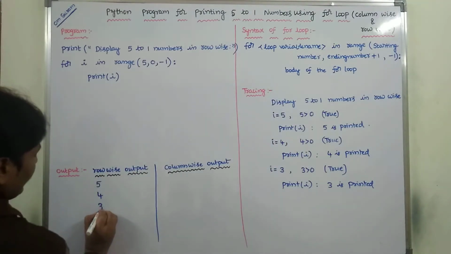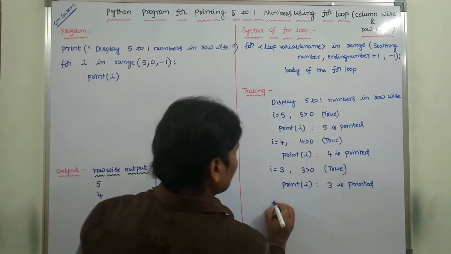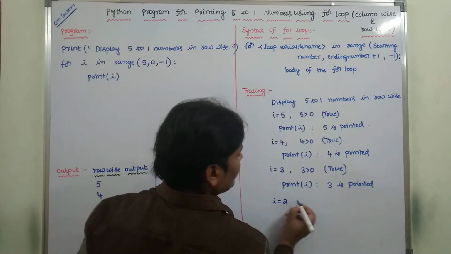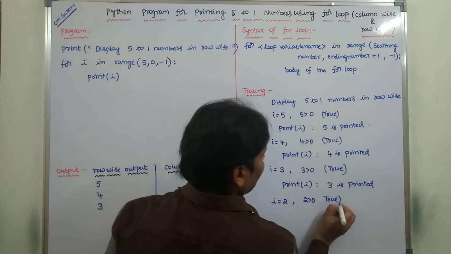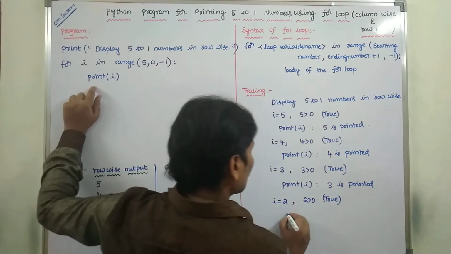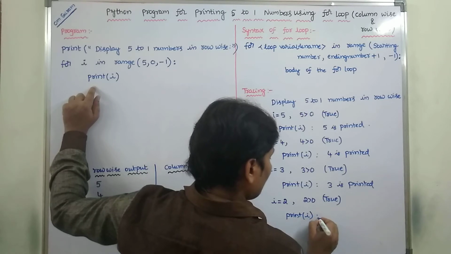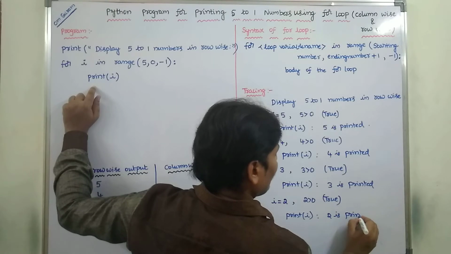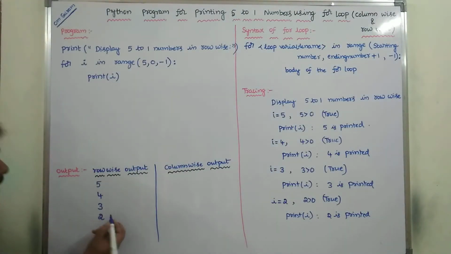Next, the I value is decremented by 1, 3 minus 1, that is 2. 2 greater than 0, so here the condition is true. The control goes to the statement within the body of the for loop, print of I. So the I value is 2, and 2 is printed.